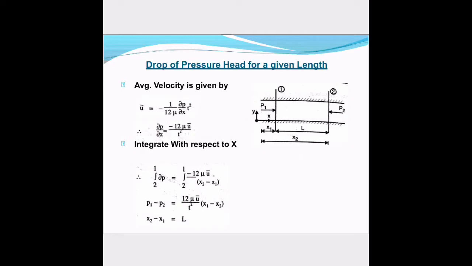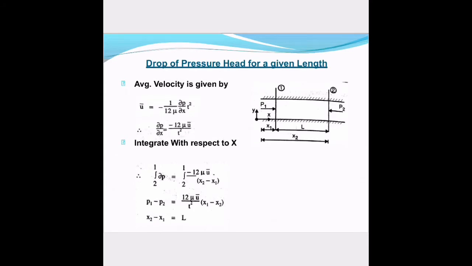So how can you find out? My slide is visible to you? If you find any problem, please let me know, okay? So pressure head you know already, and in last class we have got the average velocity expression, isn't it?